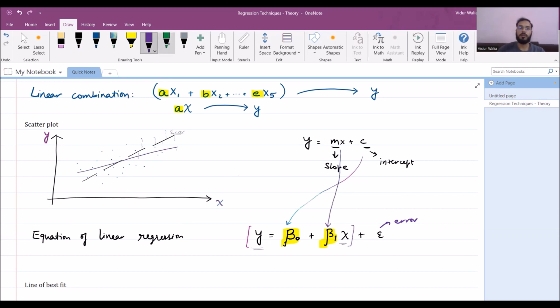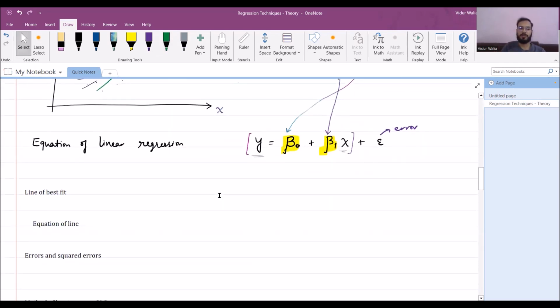Why can't this be a good fit? Why can't this be a good fit? Obviously, these lines can also be a good fit. Now, just by eyesighting this, we can make a rough line. But how to know for sure that the line that we have drawn is the most accurate and the best fit? There comes the next challenge, right?